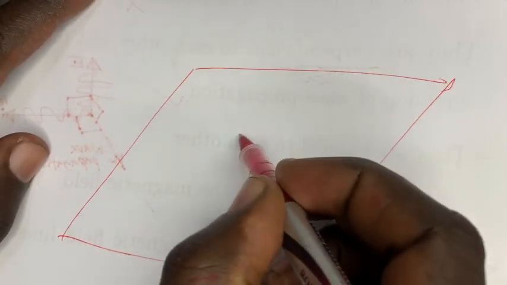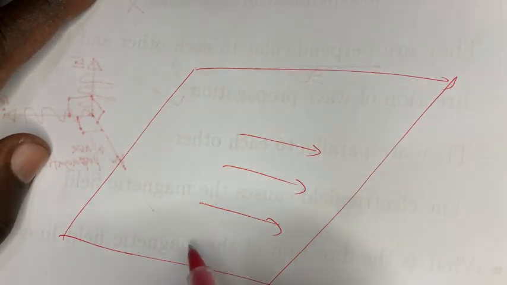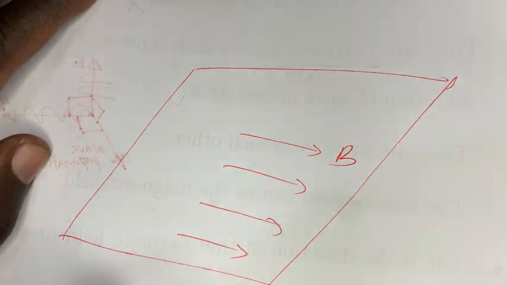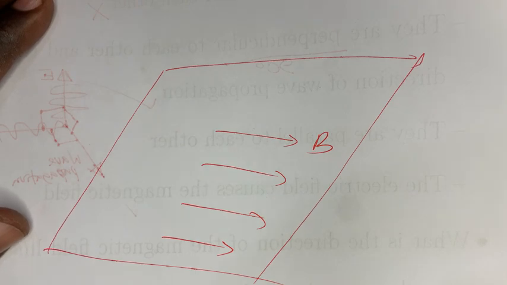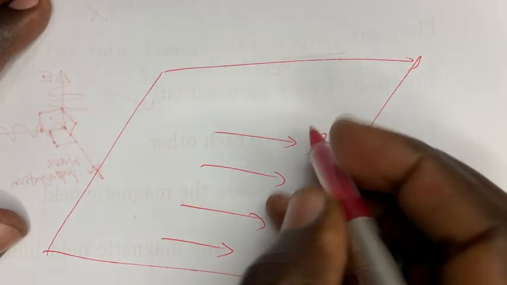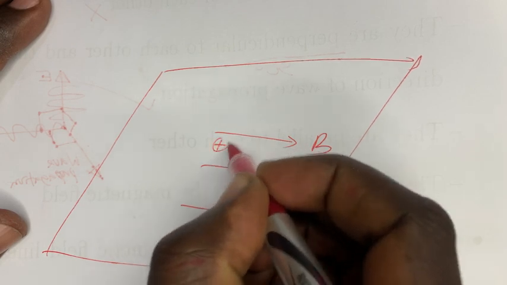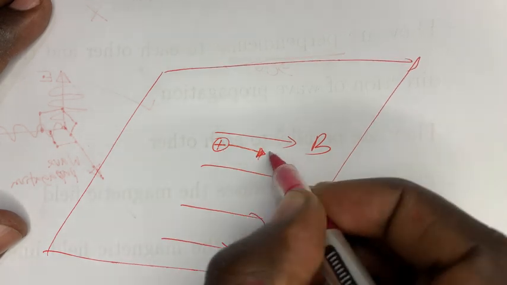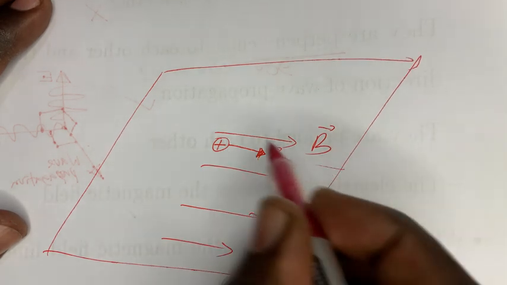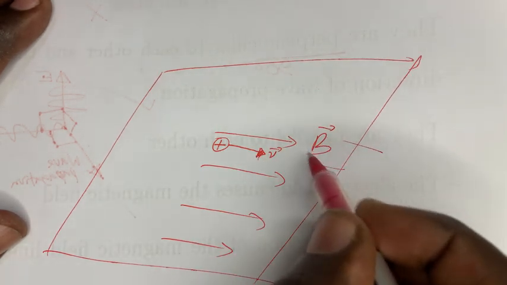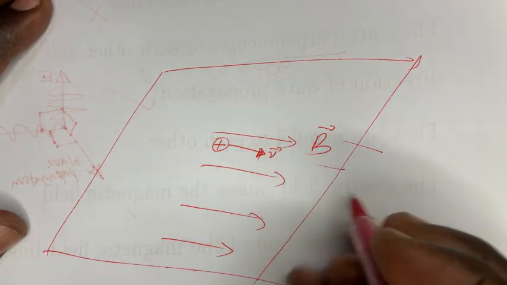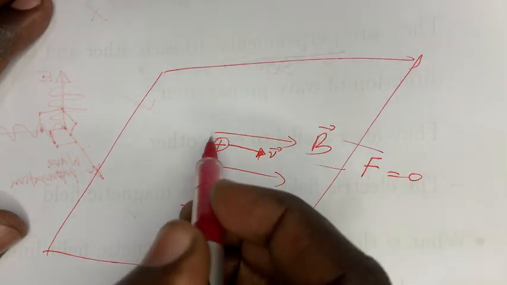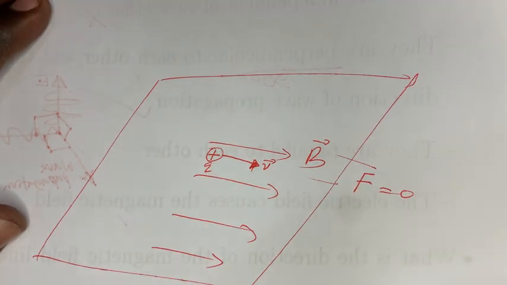Let's say I have a plane here, and here I have a uniform magnetic field B. If I bring a charged object, let's say a positively charged object, and it is moving in this direction with a velocity v, which means in the same direction as my field vector, all of them in the same direction, there will be no magnetic force on my charge.